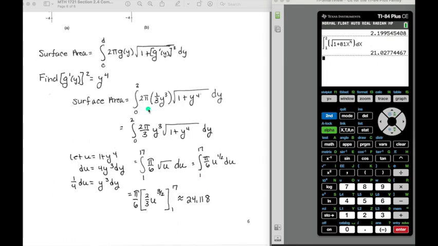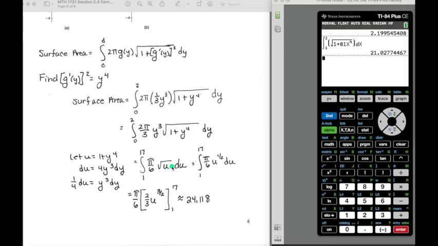Okay, now we're doing this on the interval from 0 to 2, so I've got to make sure I'm looking at the y-axis when I put in those limits, since we're doing this with respect to y. Here's my original function that I put in for f of x. Here's my derivative squared. To go to the next step, from here to here, I'm just cleaning it up a little bit.